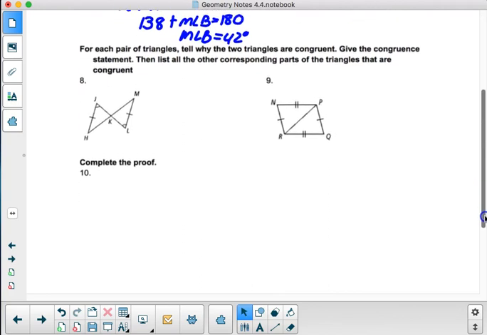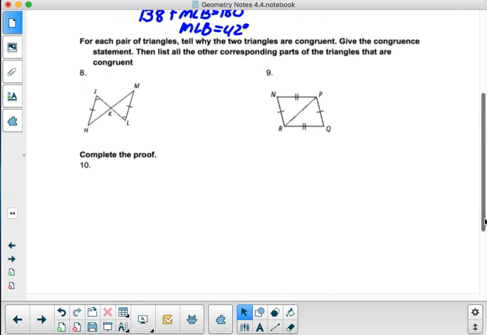Now for each pair of triangles, tell why the two triangles are congruent, give the congruence statement, then list the other corresponding parts of the triangles that are congruent. I'm looking at number 8, and I've got a bow tie look. I know these two are congruent angles because of vertical angles.